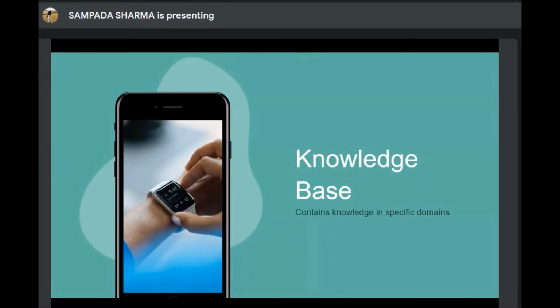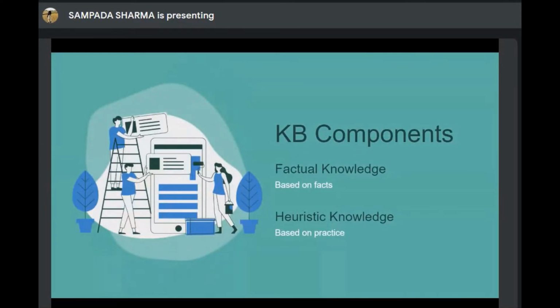And the knowledge base not only contains facts, but it also contains rules for solving problems and forming procedures relevant to the domain. And there are 2 types of knowledge. You have factual knowledge, which is based on facts, and you have heuristic knowledge, which is based on practice. It allows you the ability to guess from the countless evaluations, your experiences.